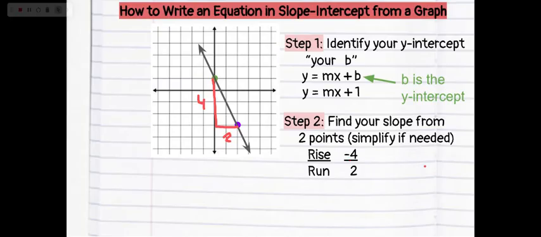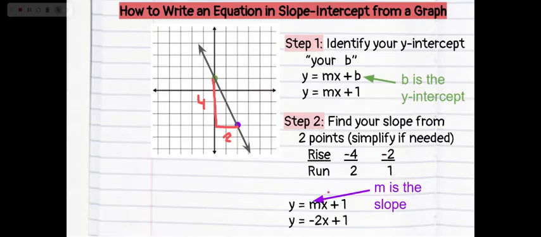I usually don't put it until the end when I'm done simplifying it. And then I realize, hey, my line is negative, so my slope should be negative. So when I plug it in, I'm going to plug in negative 2x plus 1, not just negative 2. Or sorry, not just positive 2. Okay, I'm going to pause this video so you can catch up, and then there is a part 2.